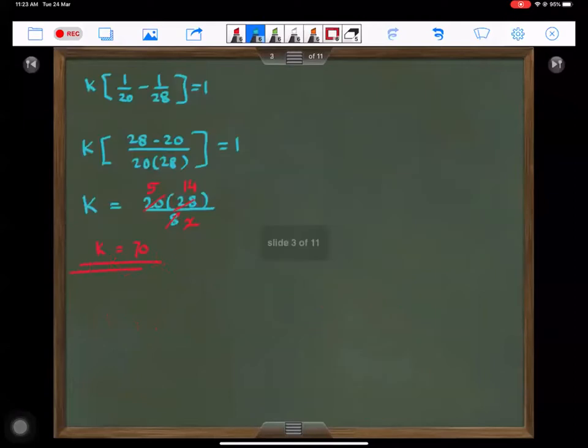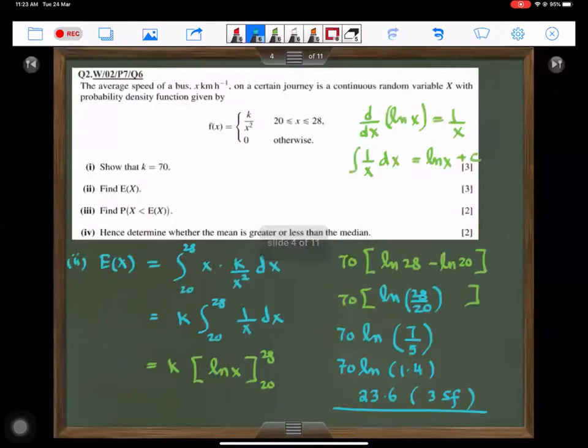Is 70. Second part, expectation of x: multiply the function by x, integrate it with the full limits, and you find expectation of x, that is 23.6. The answer definitely would have come out as inexact. So work in 4SF, use 4SF for the other part. For this particular part, give the answer as 3SF.